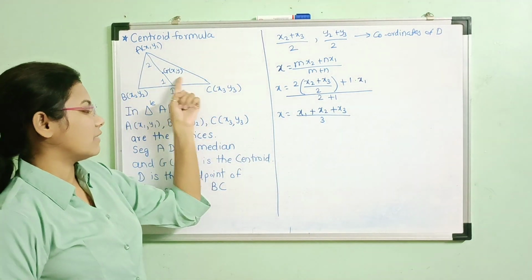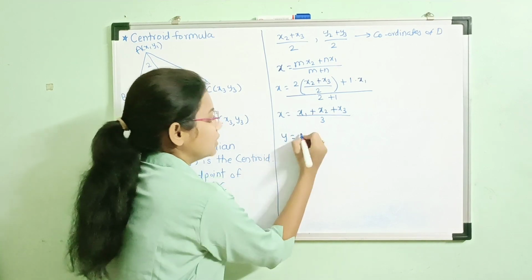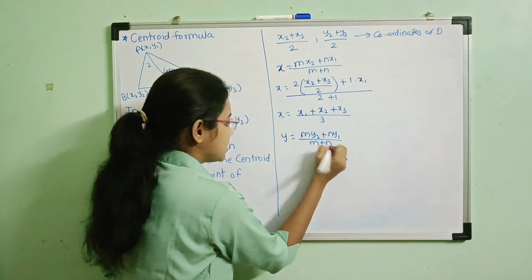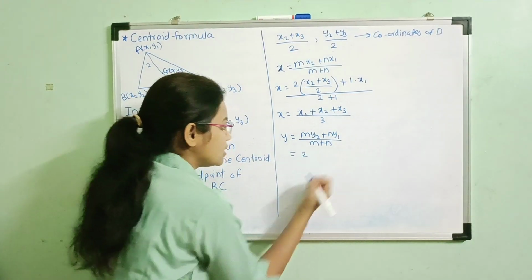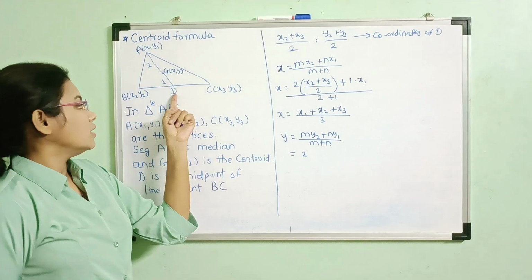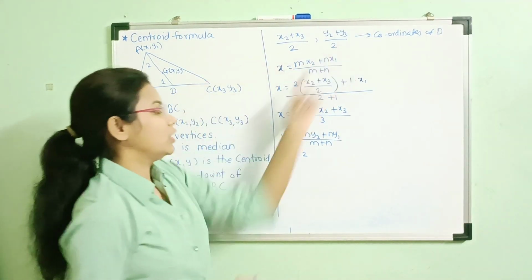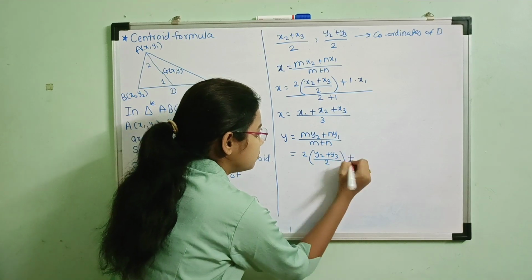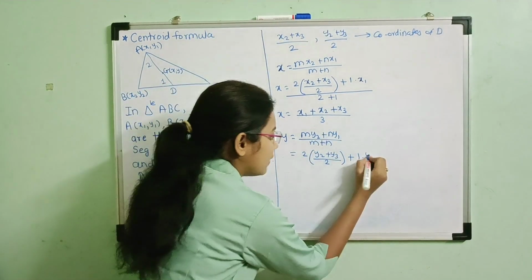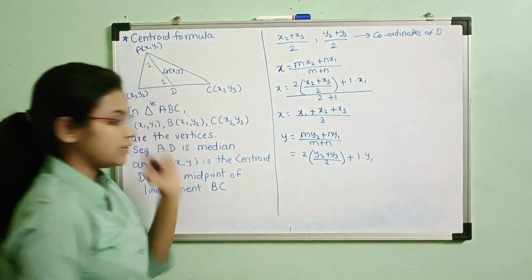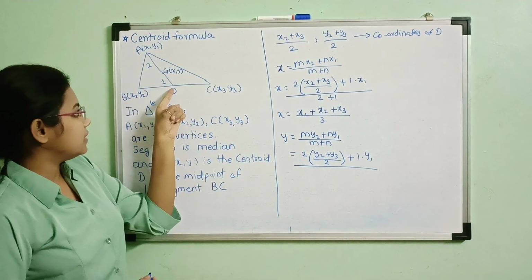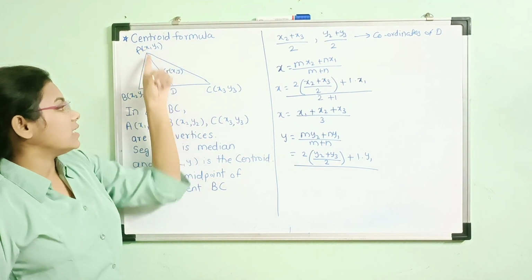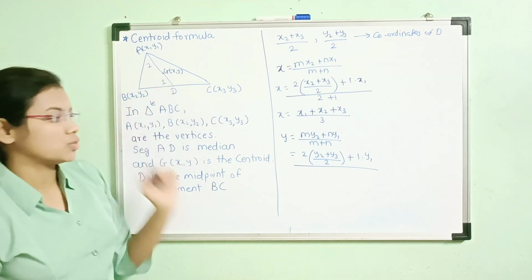Now similarly we can derive the formula for y. Y is equal to my2 plus ny1 divided by m plus n, right? The value of m is 2, and y2 is the y coordinate of D. The y coordinate of D is y2 plus y3 divided by 2, plus n's value is 1, and y1 will be as it is, which is the coordinate of A. Because here we are considering line segment AD, and G is dividing AD in the ratio 2:1.